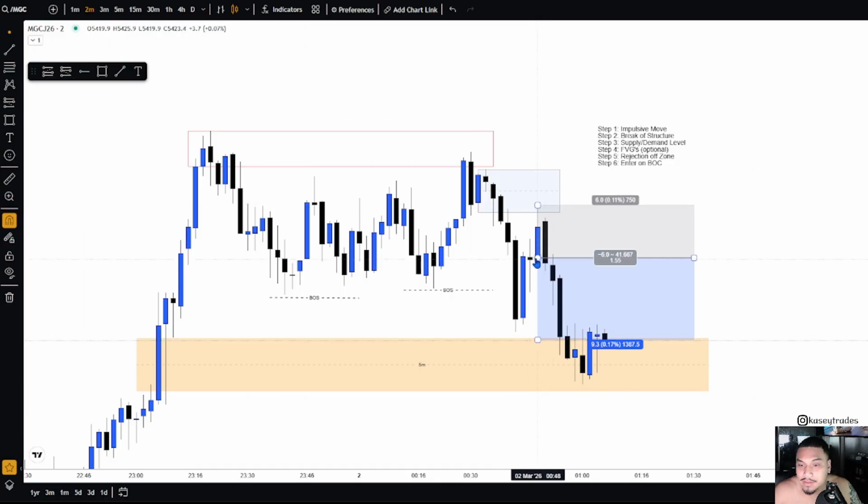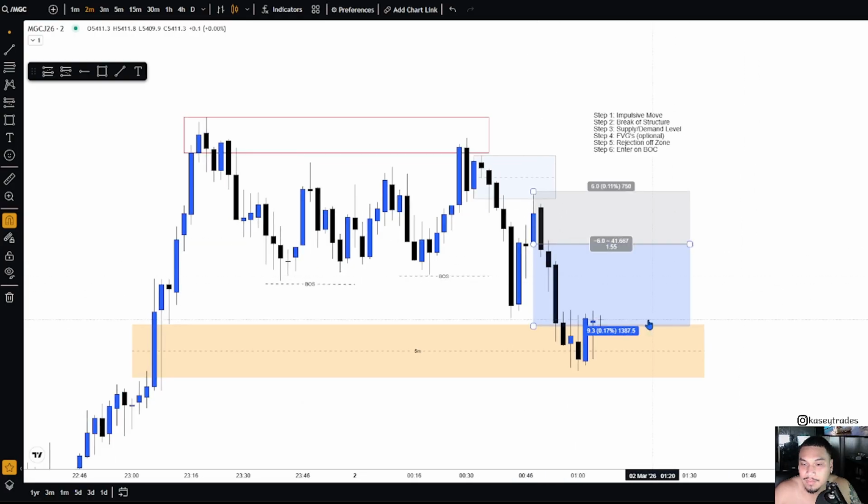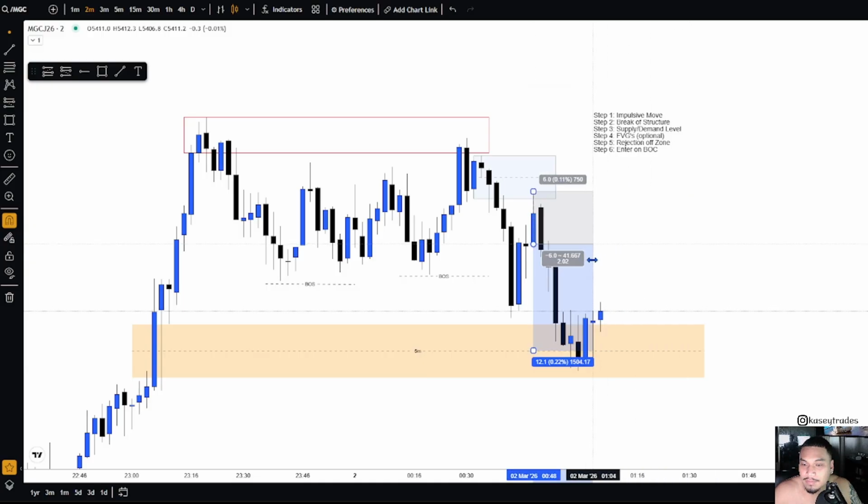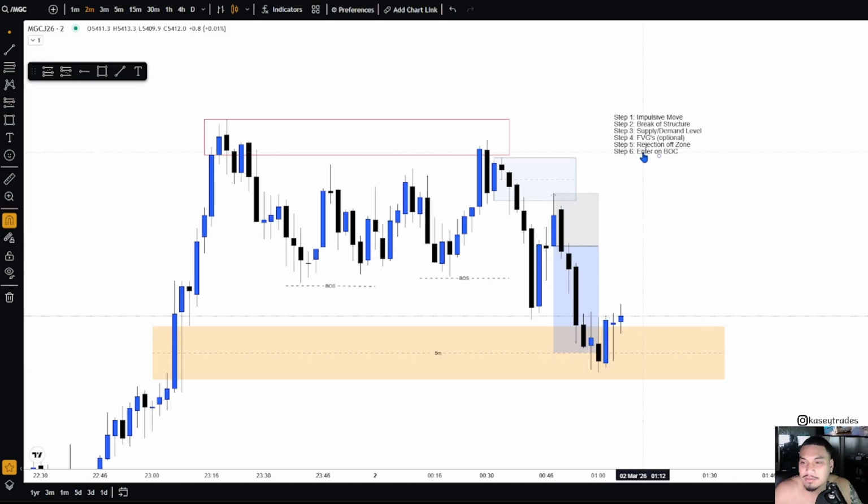But once price came up and rejected and this candle opened, once this strong bearish candle broke through below the low of this candle, I entered, and then I set my TP somewhere right here. I know I collected up here somewhere, but I just set it right here. And then after that, you just let the play run, and then we can see that it hit full TP.